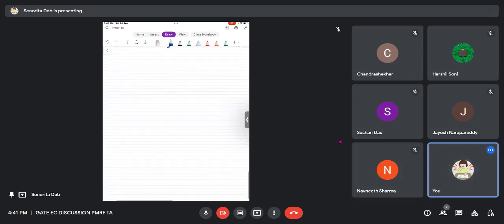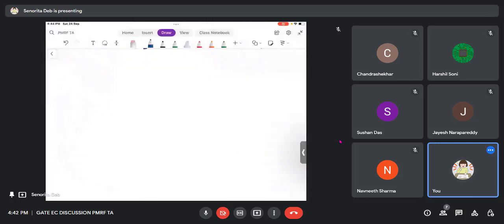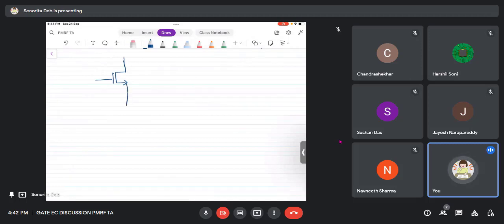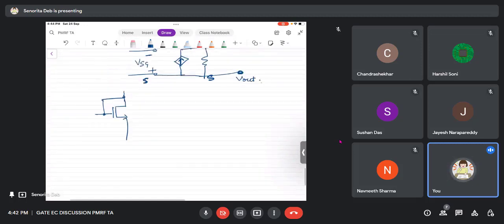Okay, so now I will show you one more model, the MOSFET model, and we'll see the diode connected model like this.